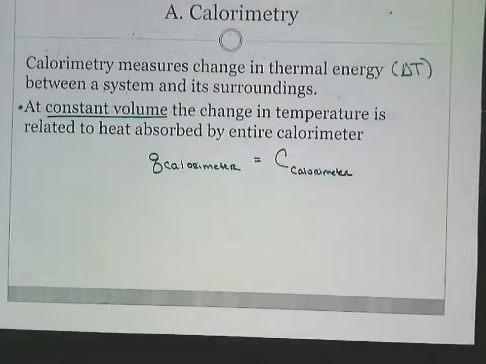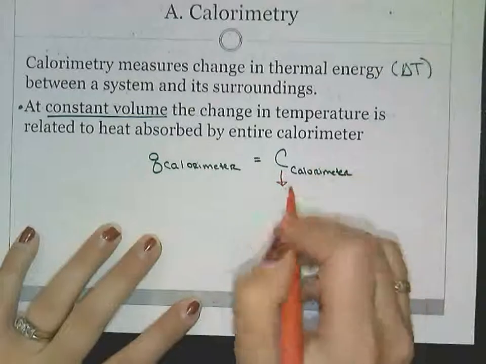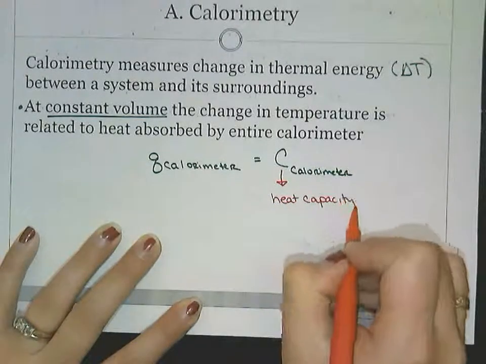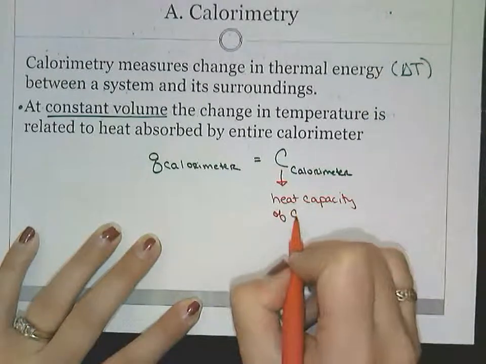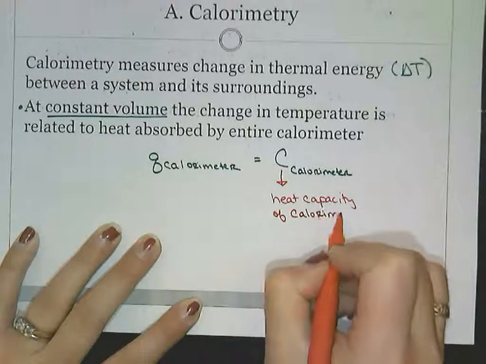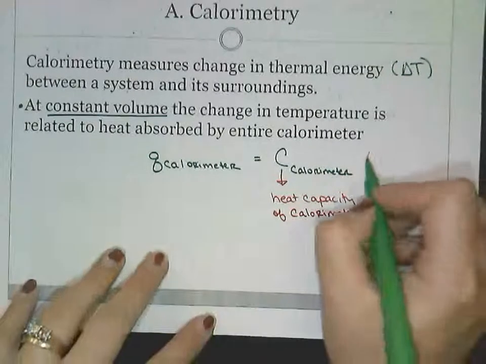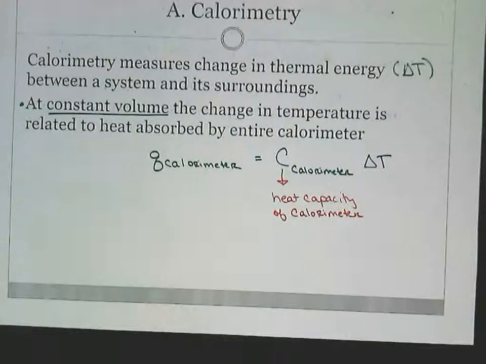This is just regular heat capacity, in this case the heat capacity of the calorimeter, times delta T. So it's the exact same equation we used on Wednesday, but now specifically looking at this experiment. So the heat capacity of the calorimeter times delta T will tell me how much heat the calorimetry experiment had.